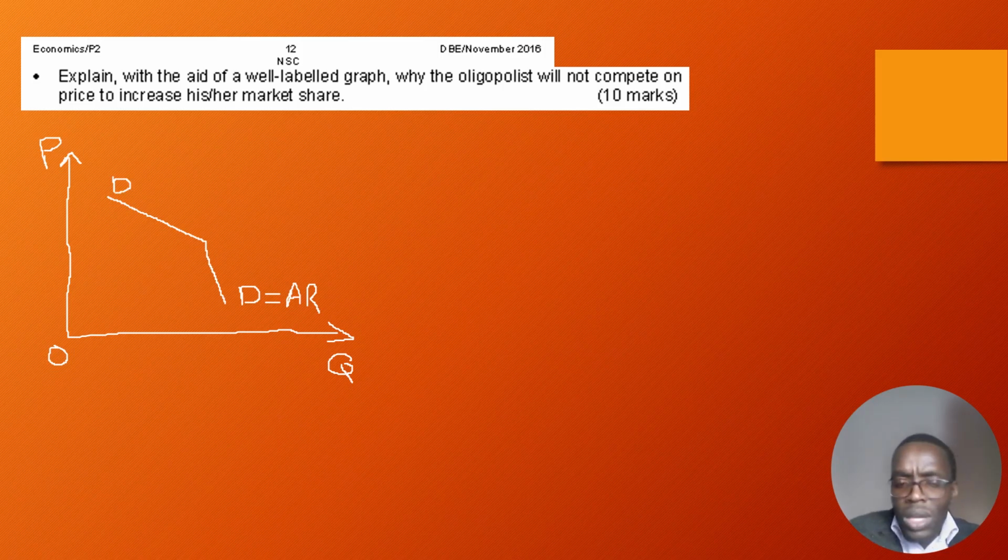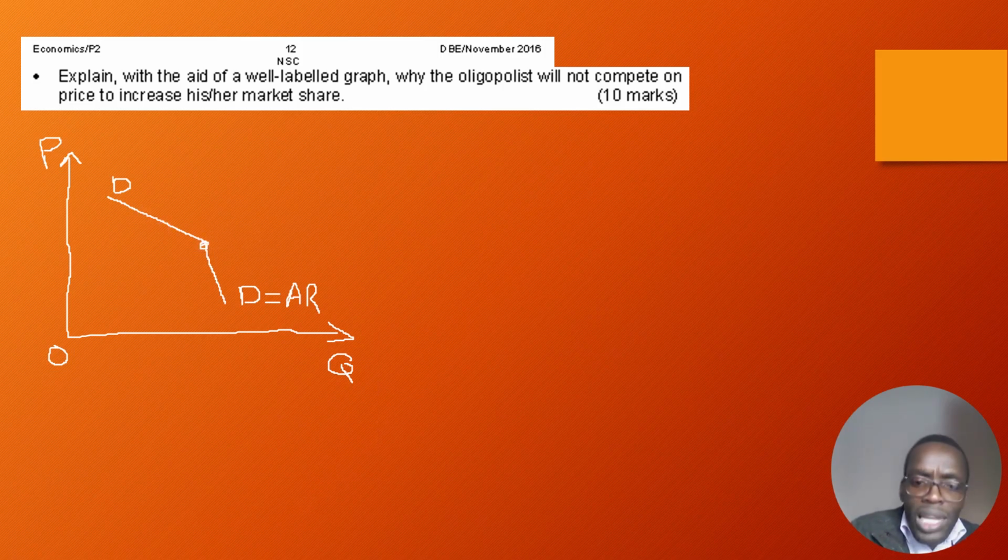Now if we look at this point here, we said it is called the kink. In other words, this is a kinked demand curve, and there is this point where this demand curve meets this demand curve. At this point here, it's called the kink.